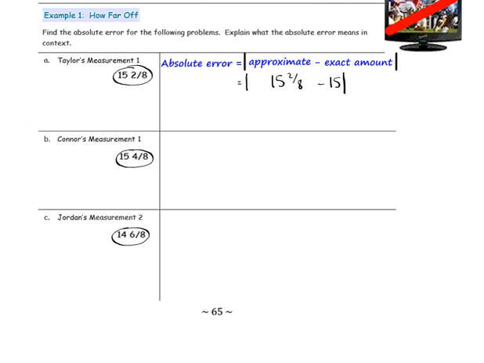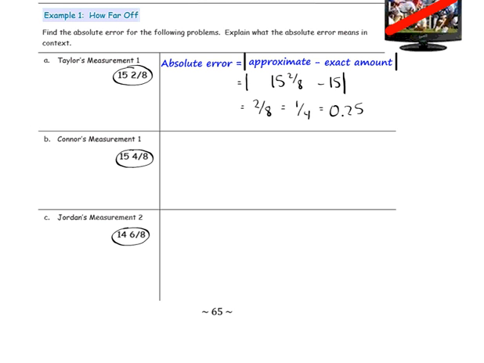Remember that absolute value will always be a positive number. Absolute value is the distance from 0. You can simplify that if you want to. You would write 1/4, or you could write it as a decimal 0.25. Any of those would be acceptable. So what this means is that Taylor's measurement is 1/4 inch off the actual amount.